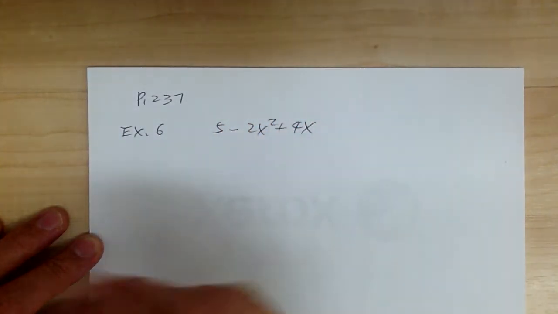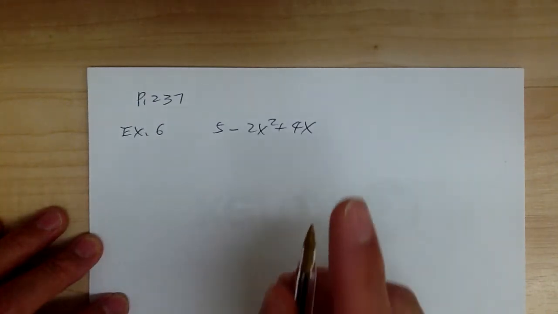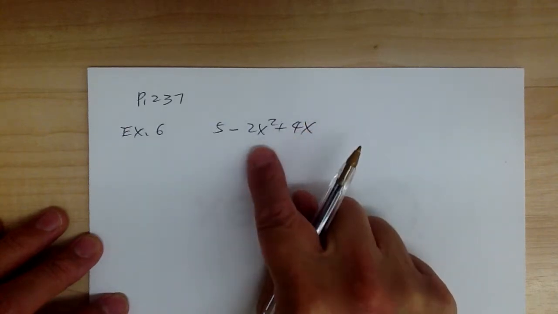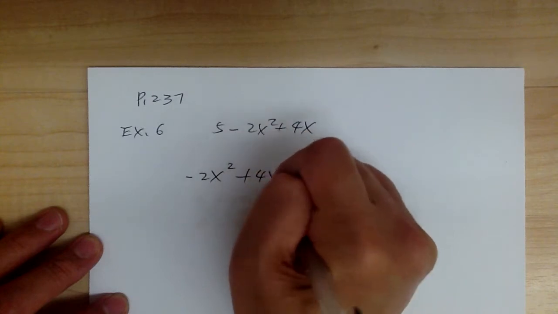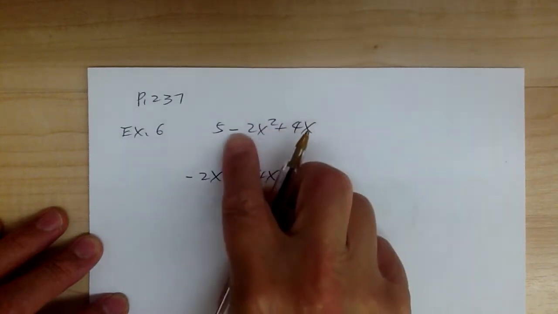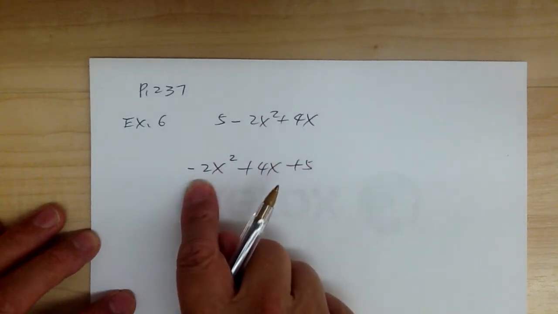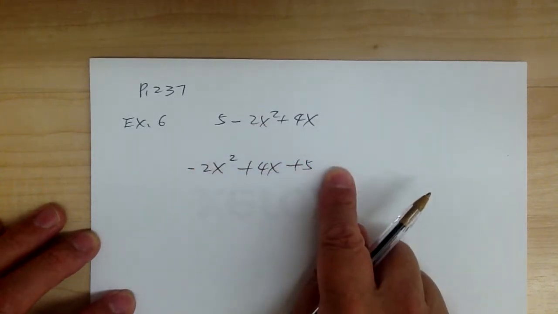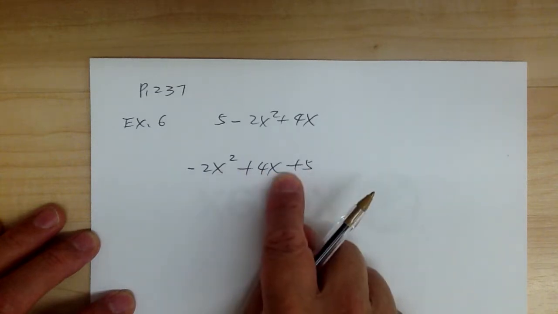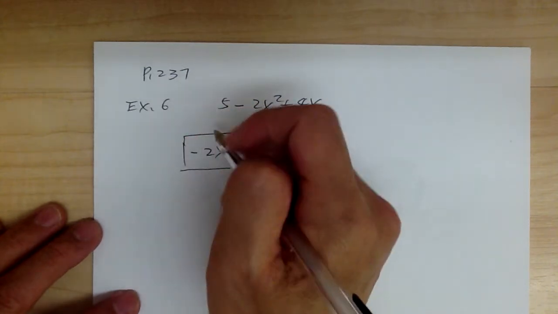It says arrange in descending order of powers. Descending means going down. So you want to start from the highest and go down, based on the x. So that means you will have negative 2x squared plus 4x plus 5. Negative is part of the term. So you can make sure you understand what they tell you.